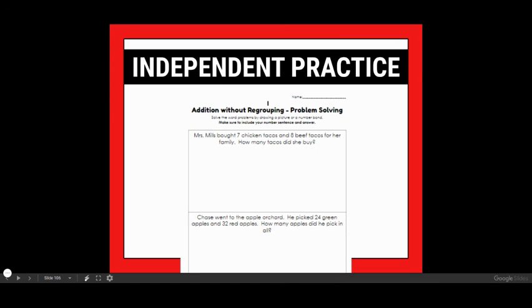So that may not be the best one to draw a picture for. Generally, I only draw pictures if my answer is going to be like 20 or less. Otherwise, it's really hard to stay organized. So I would suggest maybe doing a picture for this first one and a number bond for the second one. But you can decide how you would like to do it. And then when you're finished, just turn it in.